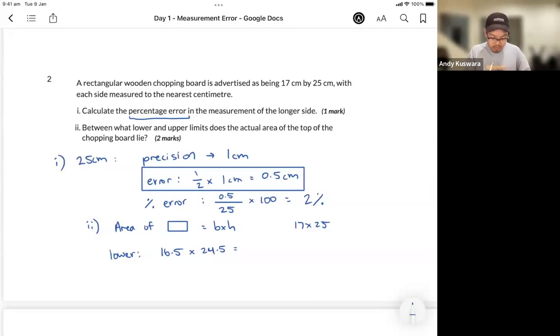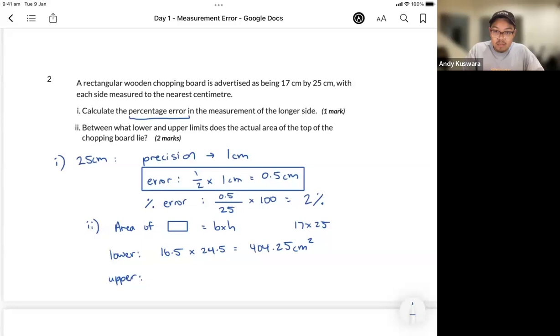That will give us something like 404.25 centimeters squared. So that could be your lower area. Now, our upper bound is going to be 0.5 more than our actual measurement.